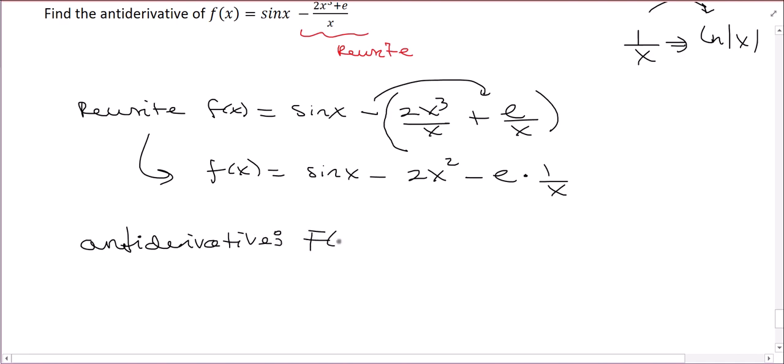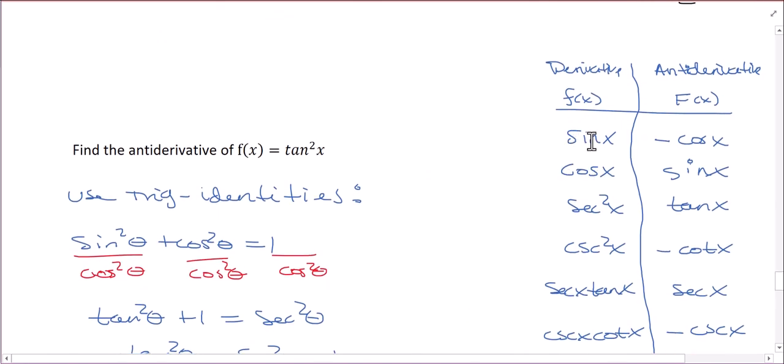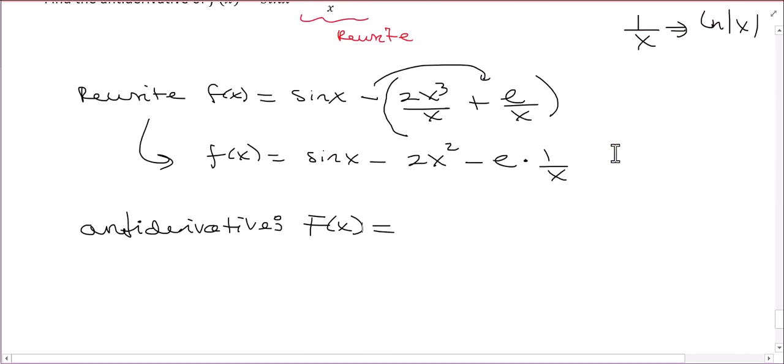So it'll be capital F of x, or whatever notation you want to use. The antiderivative of sine x. We just wrote all our antiderivatives up here. The antiderivative of sine x is negative cosine x. Then here I can use the general power rule, so it will be minus 2x to the third over 3.